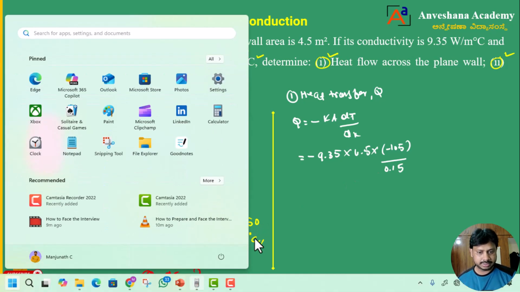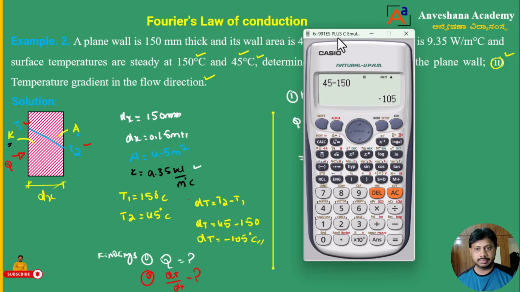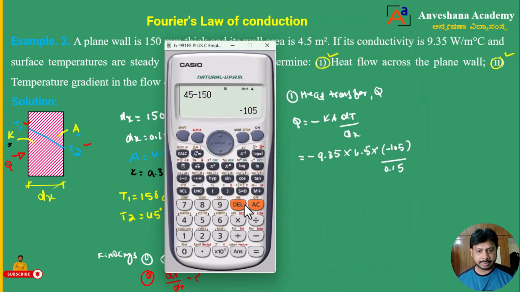Now do the simplification. Minus into minus becomes plus, so I will not consider it here. So 9.35 into 4.5 into 105 divided by 0.15. What is the answer, dear students?